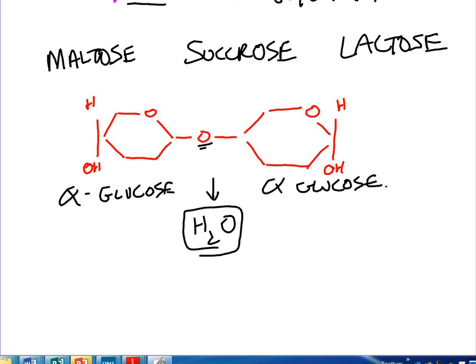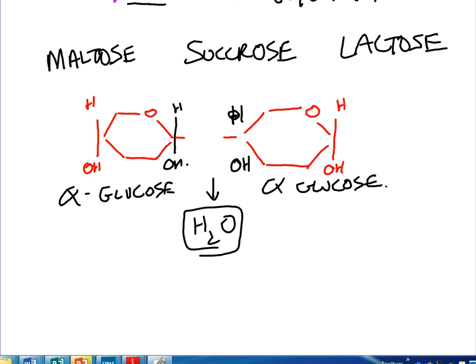Now that's because originally, if I remove this bit in the middle, when this bond happened, we would have had an oxygen here, a hydrogen, and then an OH here. And then on this alpha molecule, we would have had an OH here and an H here.